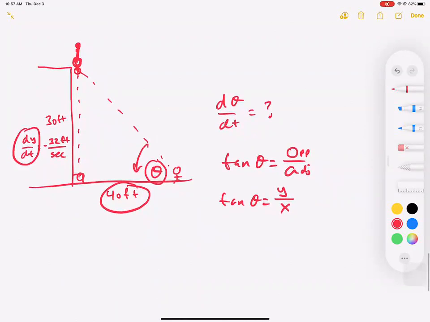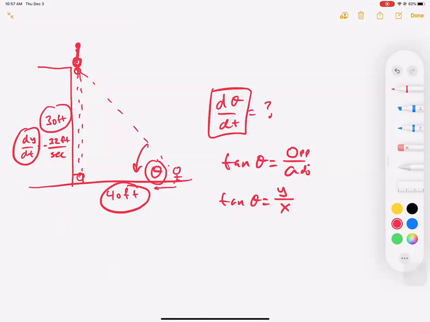Now, before we proceed to find the derivative, I want to ask you first, are any of these values that we've written here, 30, 40, are any of these values constant? 30 feet? Let me ask you, once I drop that ball, is that going to stay constant? Oh, no. If this was a ball, do you think my wife is going to run 40 feet to try to catch the ball?